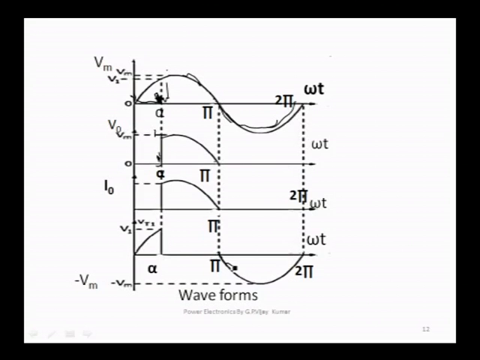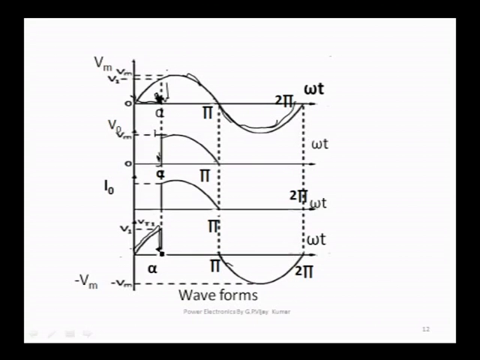See the current. The current follows the voltage waveform because it is a resistive load. See, up to the firing of the thyristor at alpha, the voltage across the SCR will be this one. This is the voltage across the SCR till the firing angle alpha.